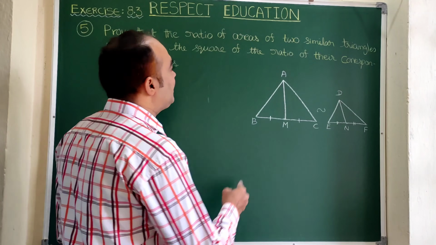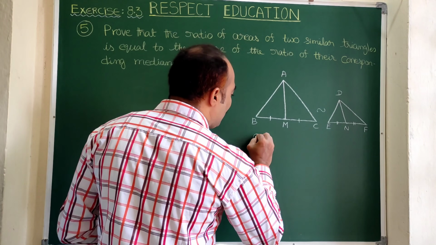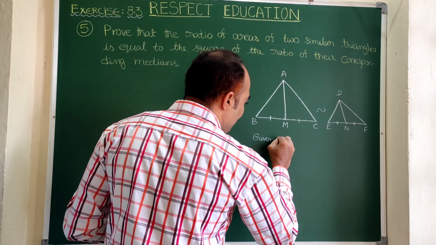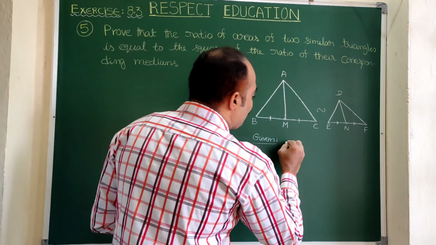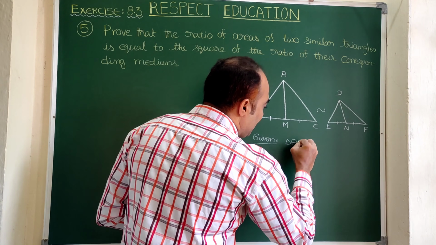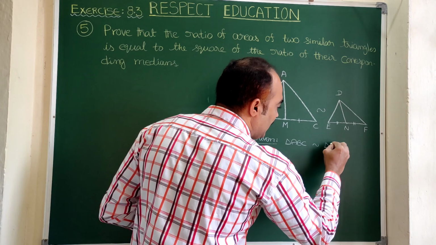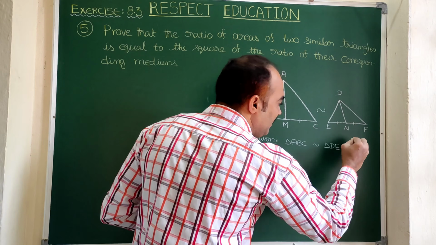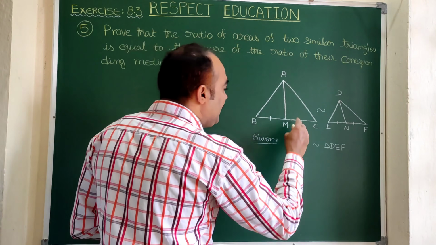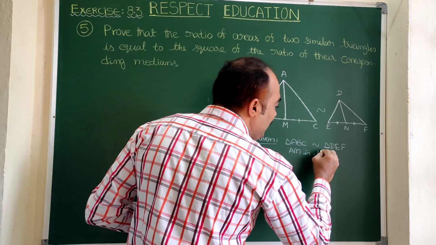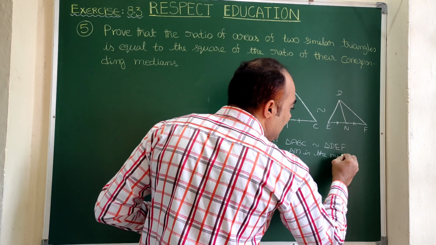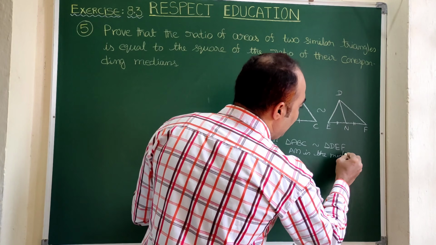Now let us see what is given and what is to be proved. Given: triangle ABC is similar to triangle DEF. AM is the median.